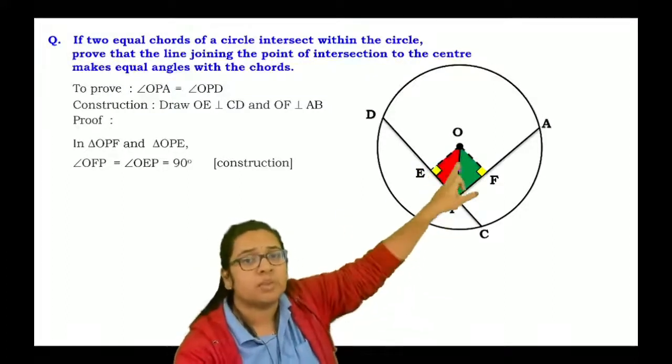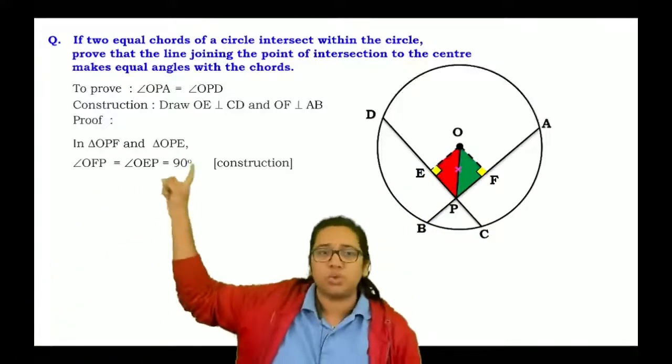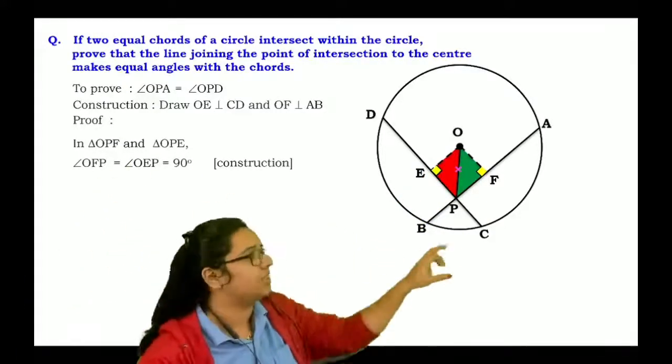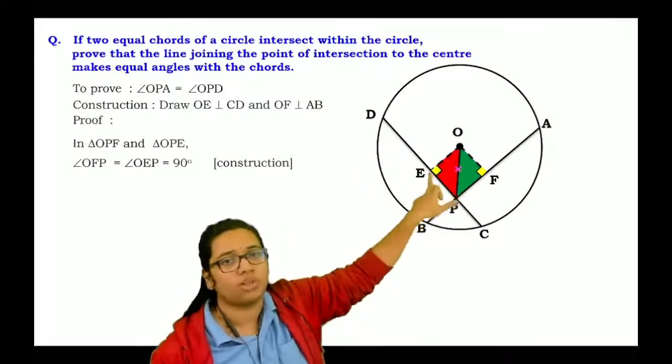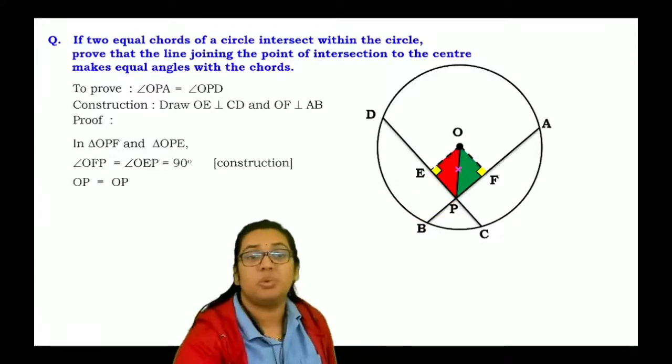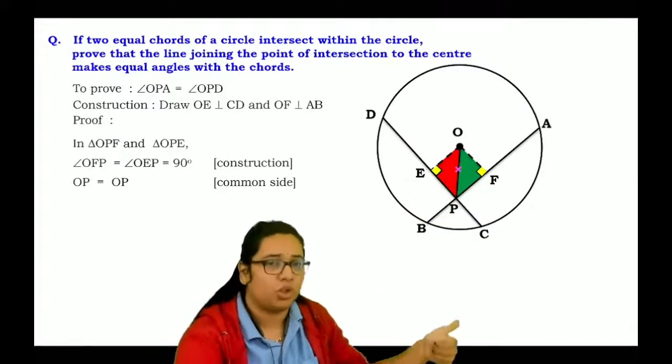The next case, side OP is common between these two triangles. OP is the segment opposite to the 90-degree angle, which means it is a hypotenuse. OP equals OP, which is nothing but a common side.